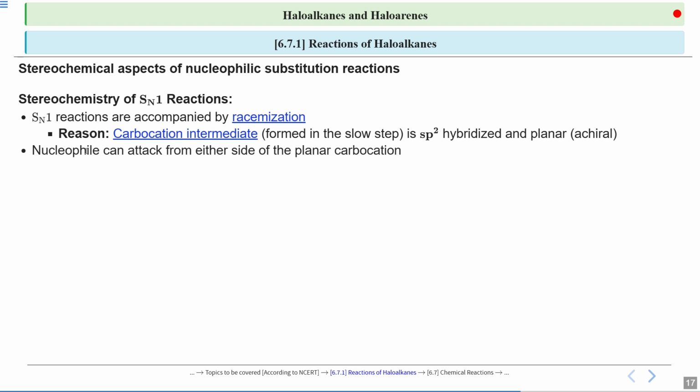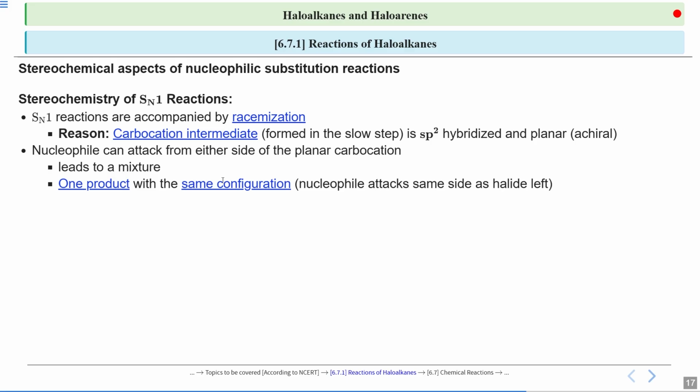So the nucleophile in the SN1 reaction can attack from either side of the planar carbocation and attach to the carbocation carbon from either side. It will lead to a mixture of compounds. One product with the same configuration, so the nucleophile attacks the same side as the halide left.